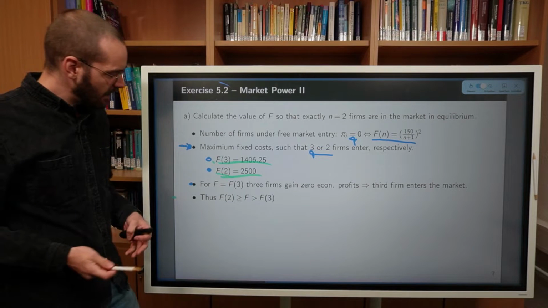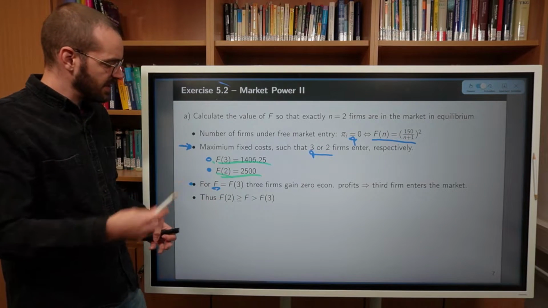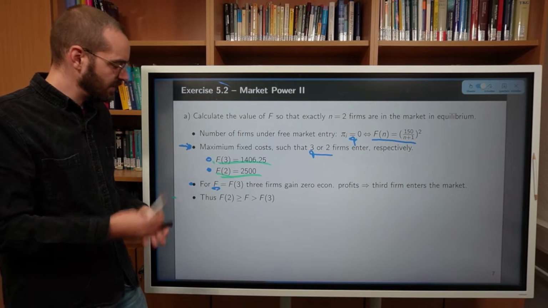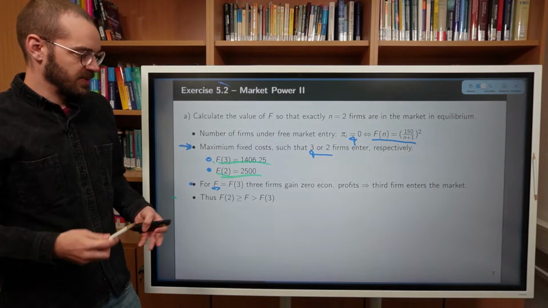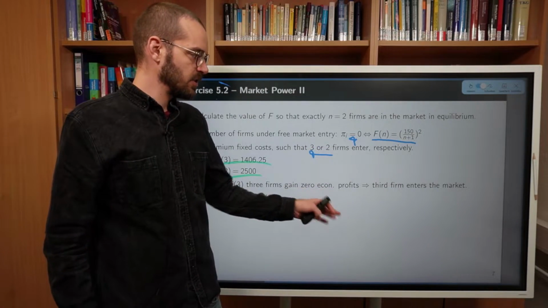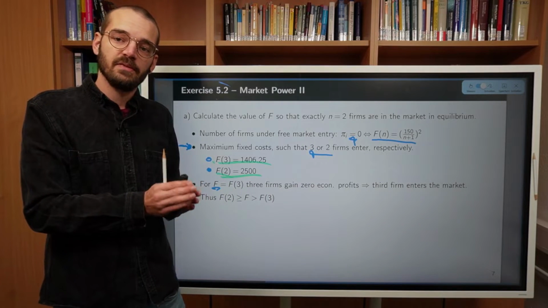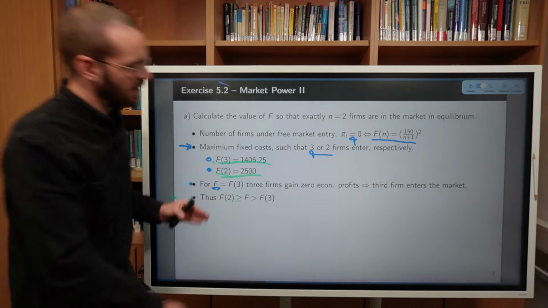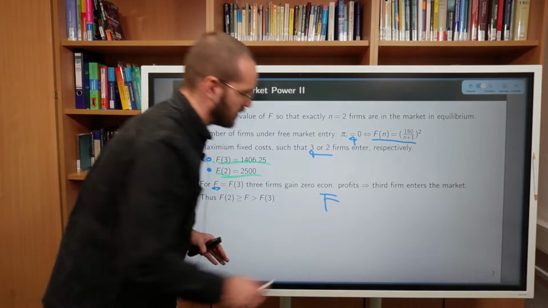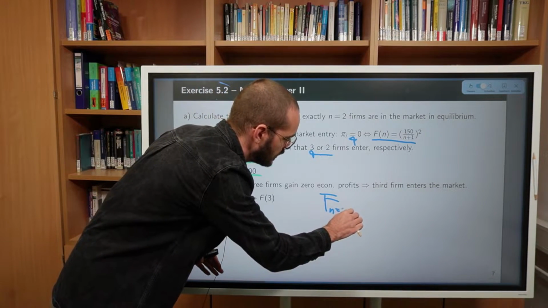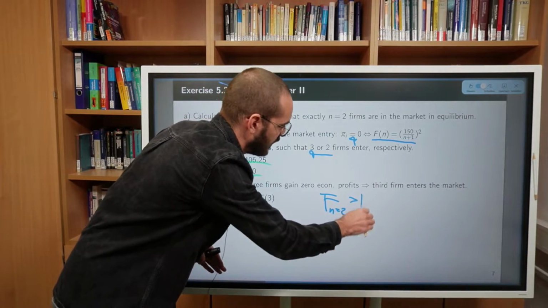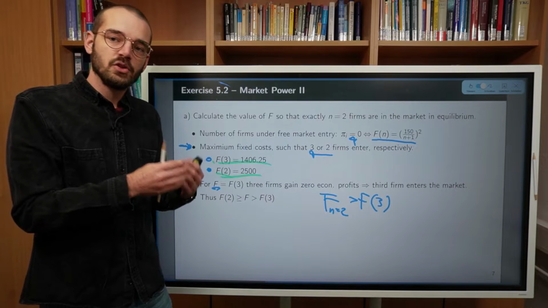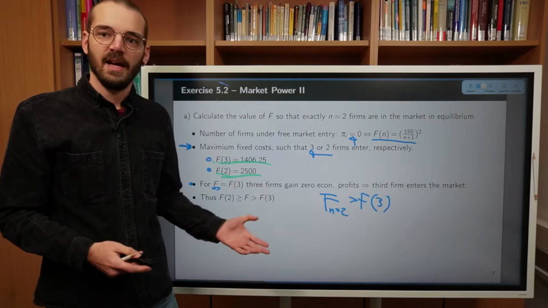So for fixed costs that take the value of 1406.25, or for f equal to f of 3, 3 firms can earn 0 economic profits. So that means that at this point, for these fixed costs, a third firm would enter the market. That of course means that the fixed costs, so that n equals 2, need to be larger than this value, so that the third firm can just not sustain entering the market.